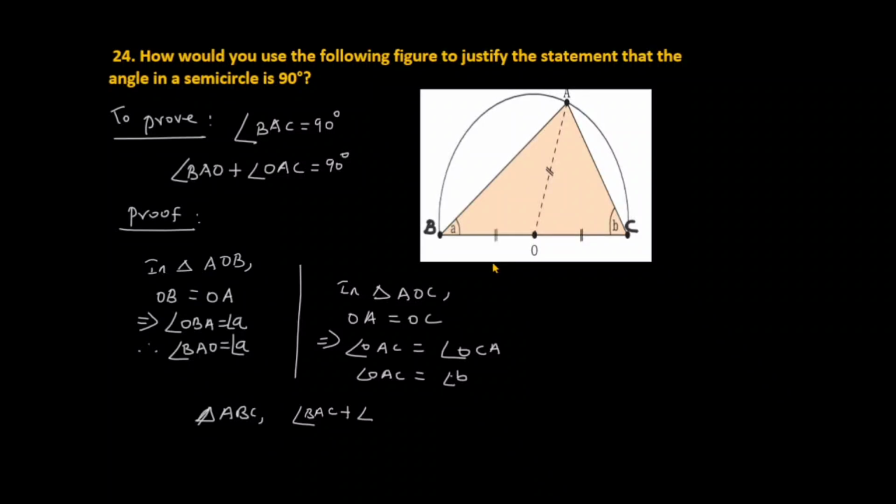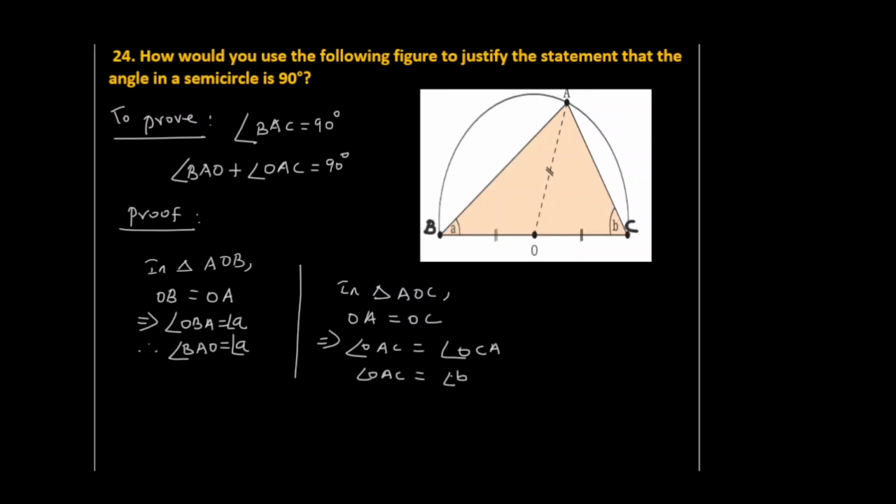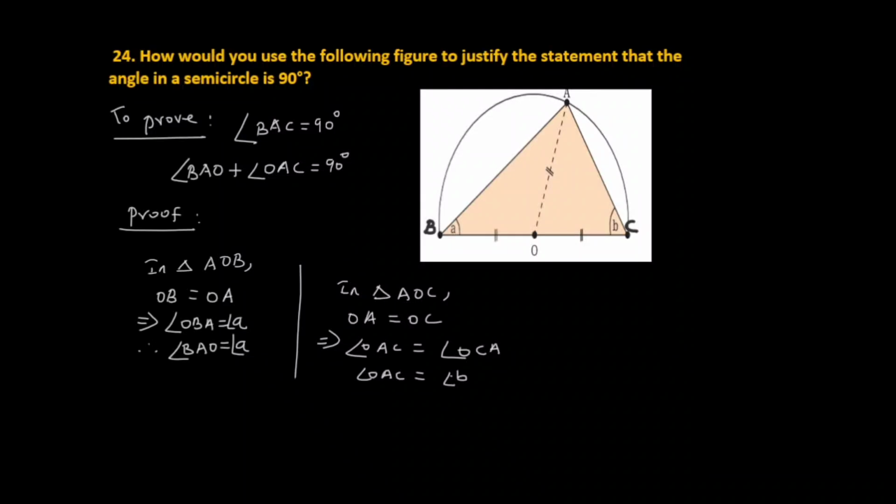In triangle we are using the angle sum property. In the full triangle ABC, by the angle sum property, BAC plus ABC plus angle ACB is equal to 180 degrees.